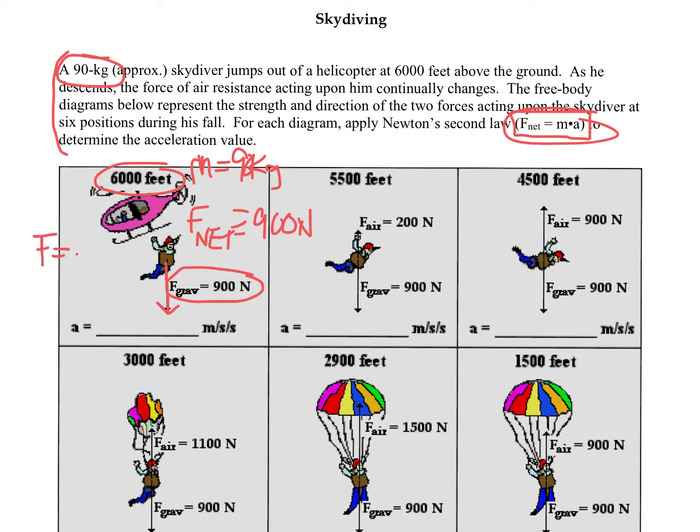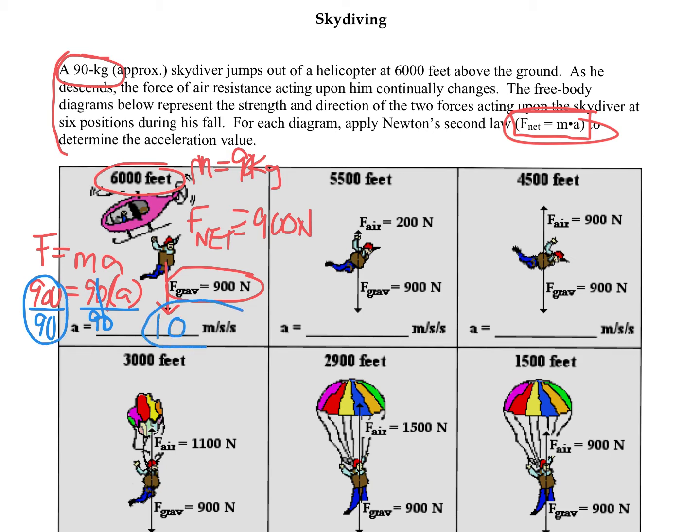If F equals ma, my net force is going to be 900, my mass is going to be 90, and my acceleration, I don't know, but I'm going to solve for that by dividing 90 from both sides. If I divide 90 out of both sides so that I can get a all alone, 90 cancels out, and my acceleration ends up being 900 divided by 90, which is 10.